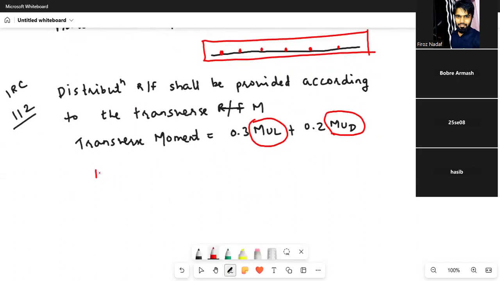So here, MUL equal to, so what live load bending moment you have gotten? 113. Live load bending moment is 113, and it has to be multiplied by 1.5 factor, because IRC 112 says that for the live load bending moment, the factor is 1.5. So you're getting ultimate live load bending moment as 169.5 kilonewton meter.